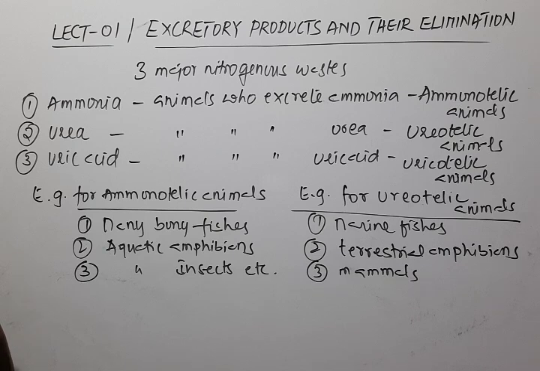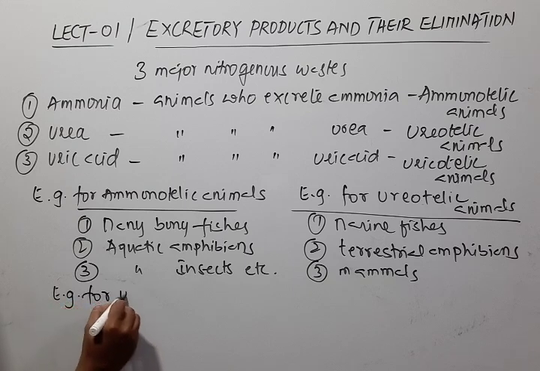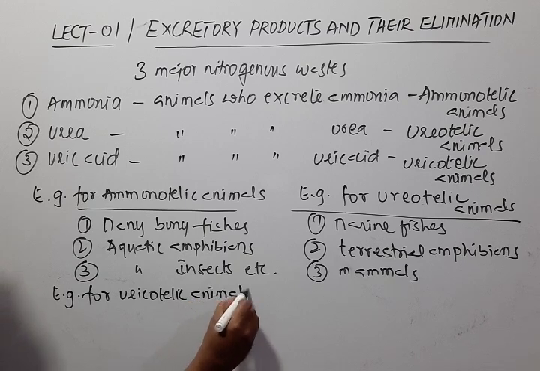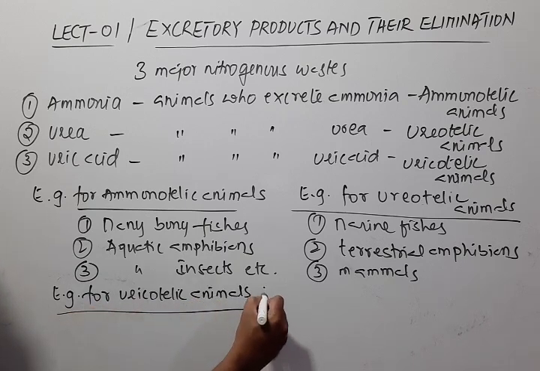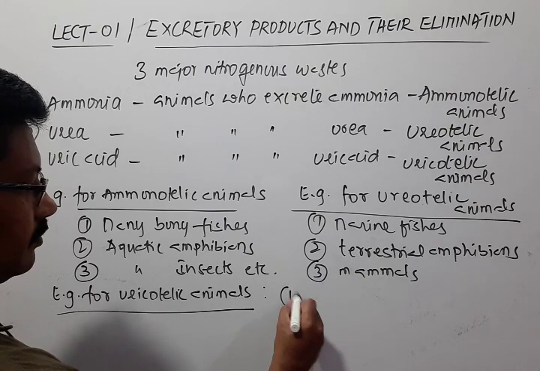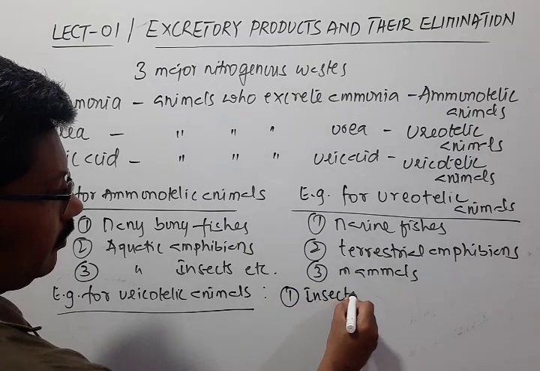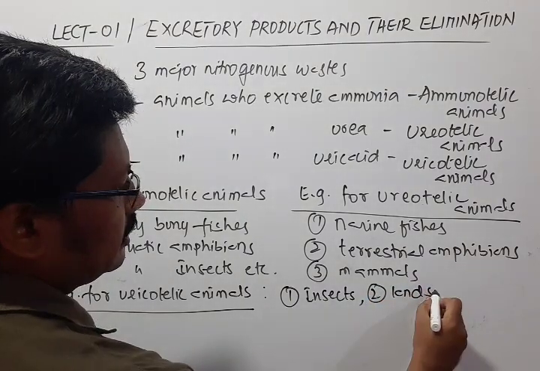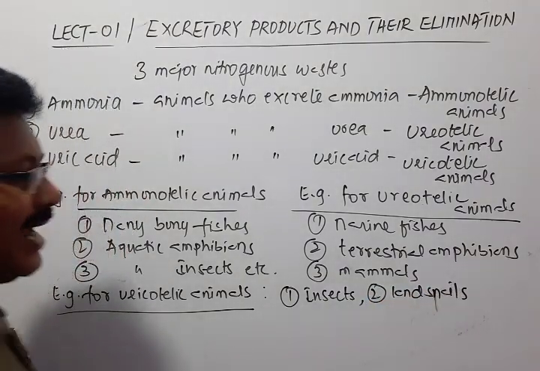Then coming to the uricotelic, so examples for uricotelic animals. So these include insects, then also include land snails.